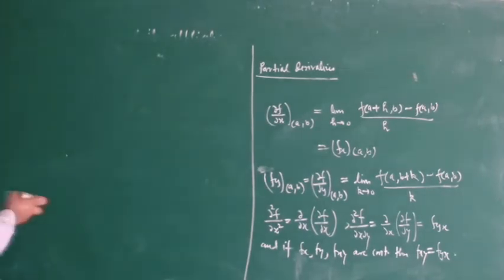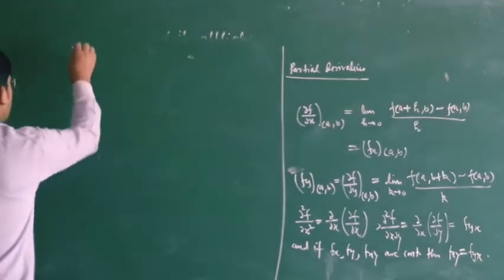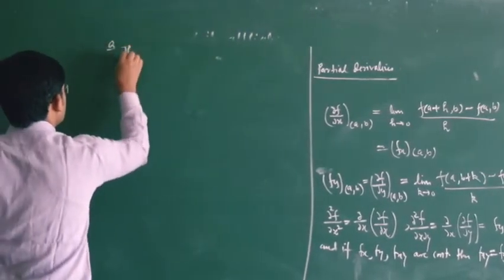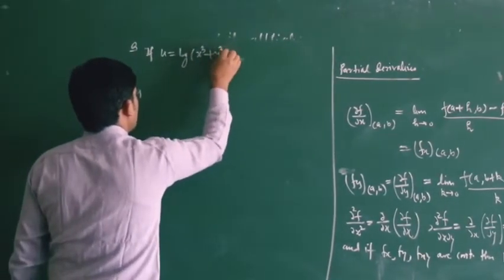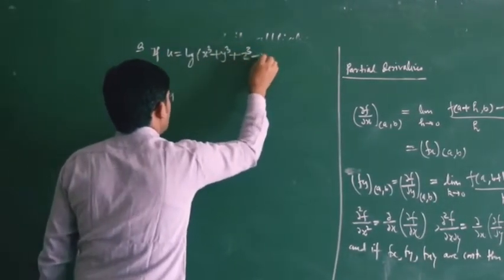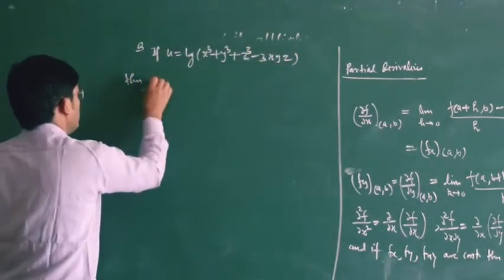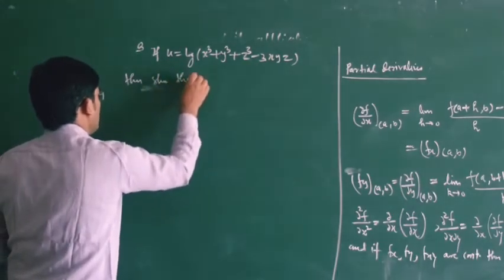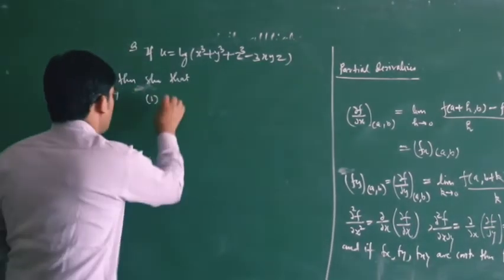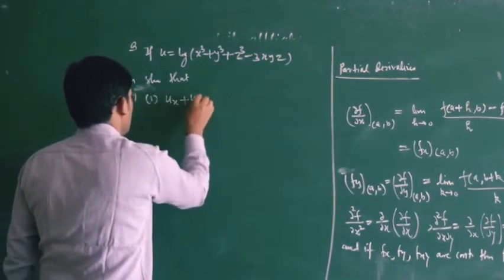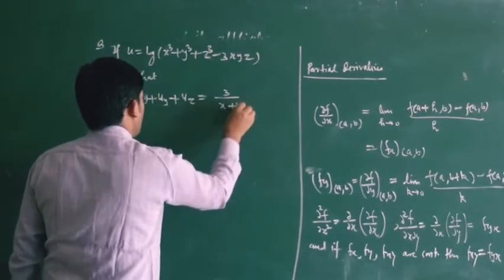Now let us solve a few questions related to the partial derivatives. So the first question is, if u equal to log of (x cube plus y cube plus z cube minus 3xyz), then show that the first part is ux plus uy plus uz equal to 3 upon x plus y plus z.